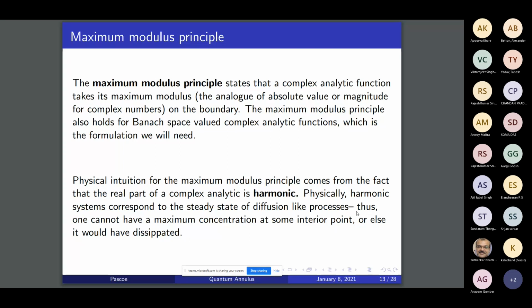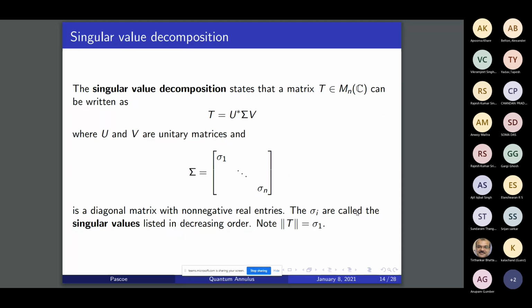So that's sort of a physics proof of the maximum modulus principle, once you know that the real part of a complex analytic function is harmonic. Maybe you need to do some polarization to turn this into an actual proof, but this is sort of nice evidence for how maybe people came up with this in the first place.